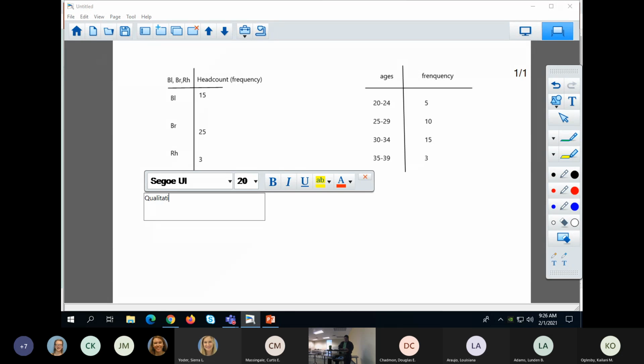Qualitative, meaning what? Categories. So on the right-hand side, these are called categories. Blonde, brunettes, and redheads. These right here are called categories.